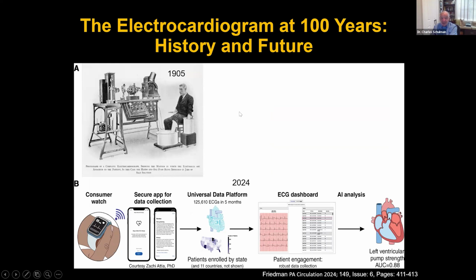Just to show you how far we've come, in 2024 you can record an ECG off of a wearable smartwatch, turn it into the standard ECG, analyze it with artificial intelligence, and estimate left ventricular pump strength.